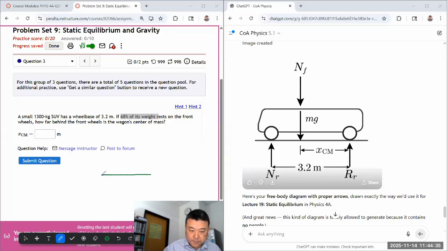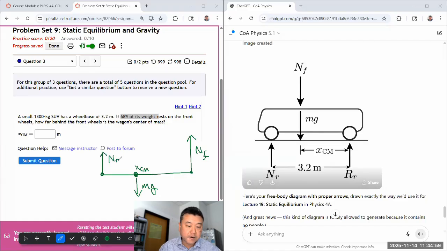So the correct free body diagram would be one where you have an upward NF here, and you have some position of the center of mass that's downward. So there's mg acting at XCM downward, and at the rear end you have an upward NR force.